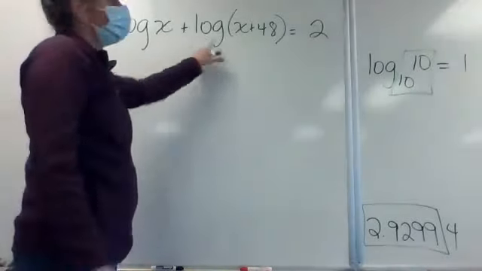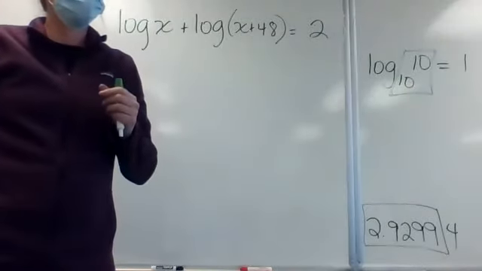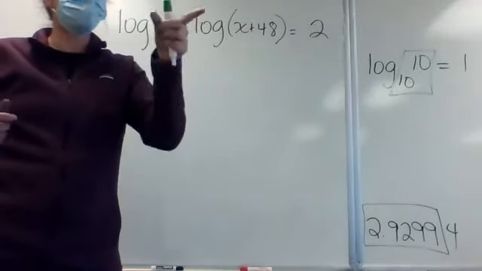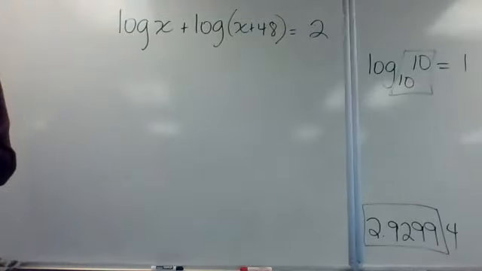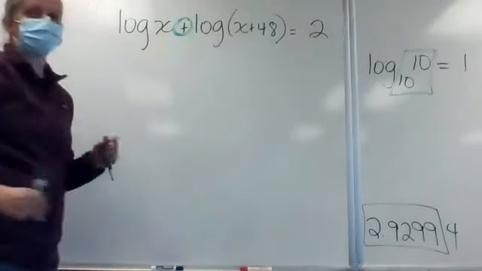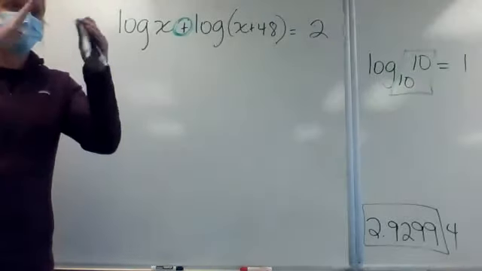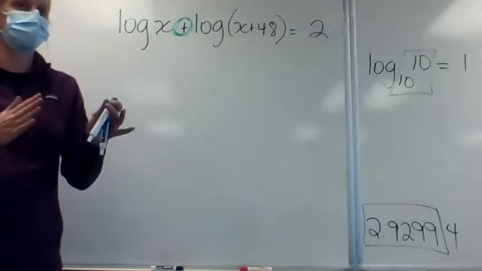So if I've got two logs that have the same base on the same side, I want to simplify them by using those log rules. So this one, since it's the sum of two logs, I'm going to rewrite this as one logarithm and turn it into the product or multiplication.